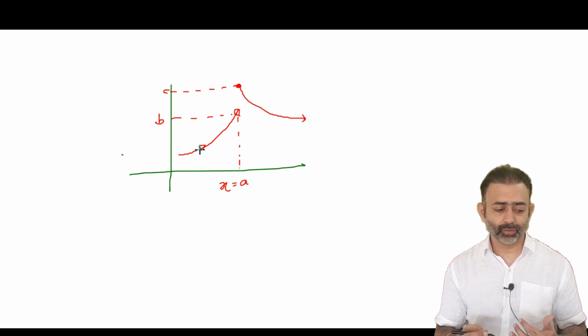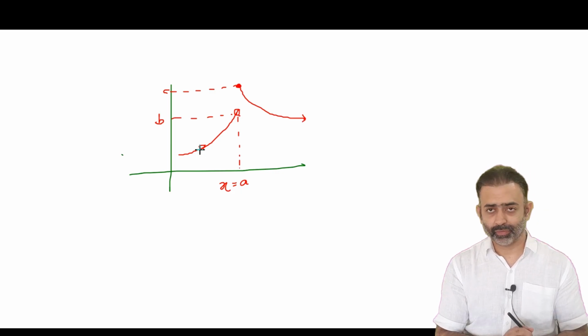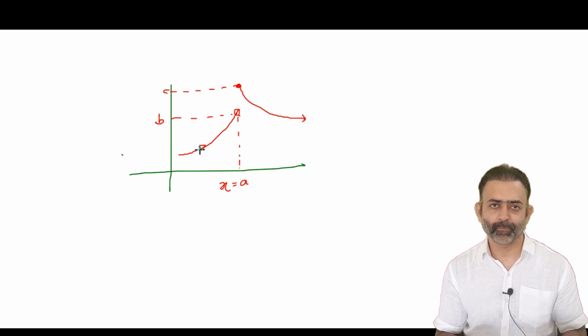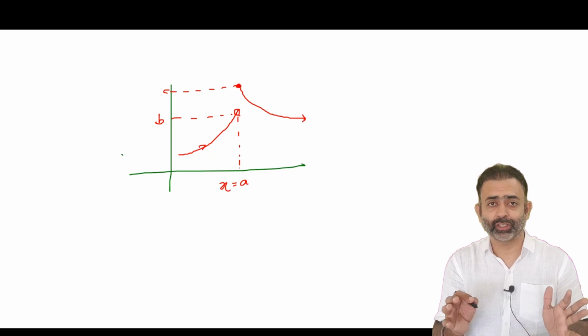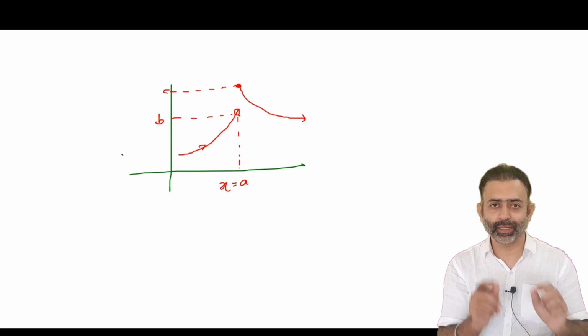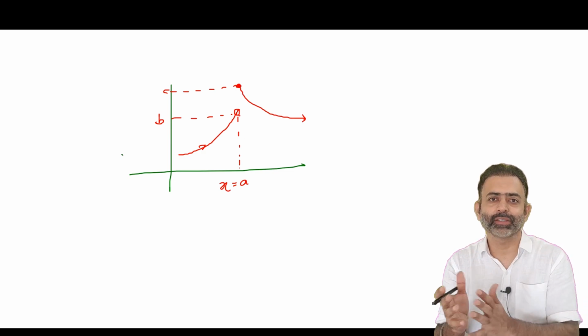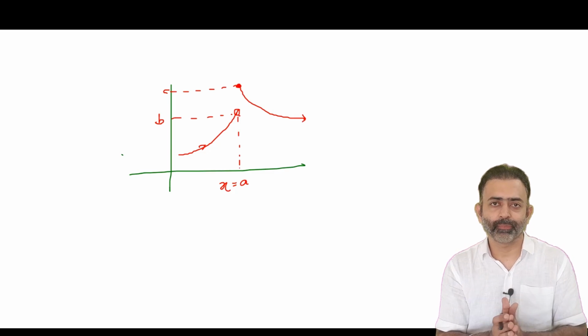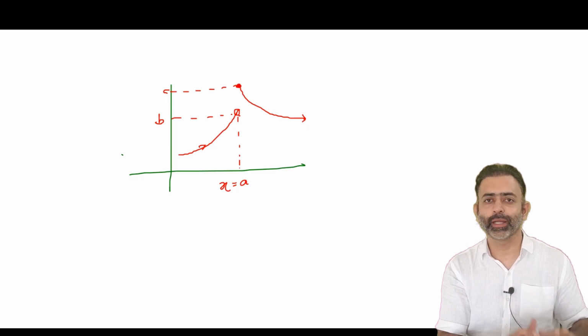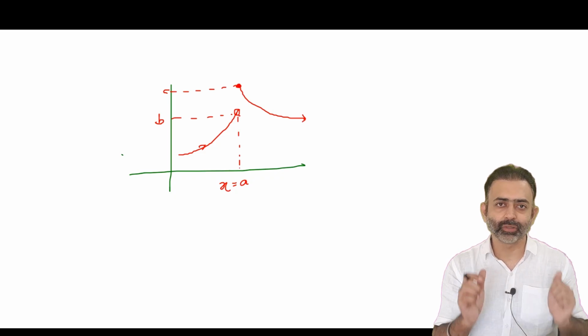Now if I need to find the limiting value of the function at x equal to a, since I do not know the definition of this function in terms of x and y, I won't be able to see the behavior of the graph. So the graph plays an important role in understanding the behavior of the function.